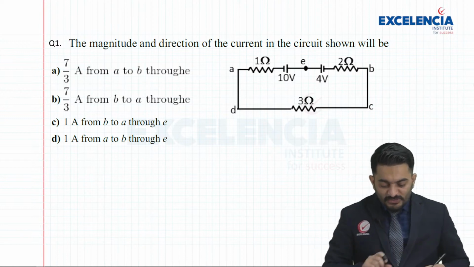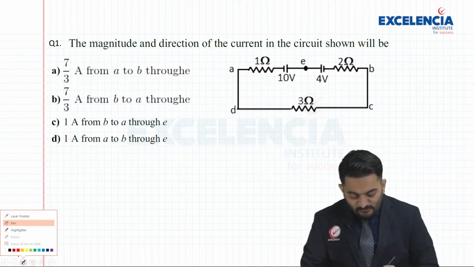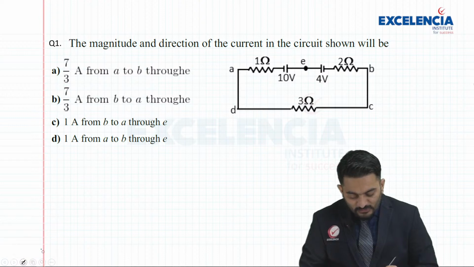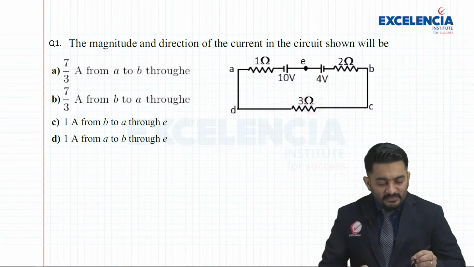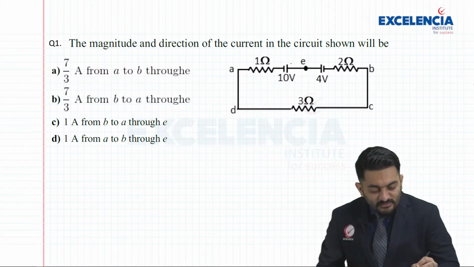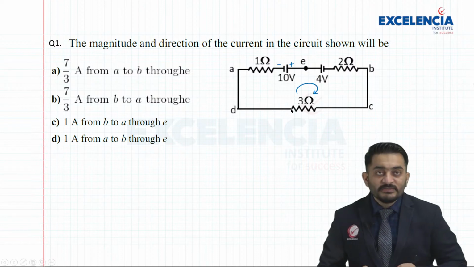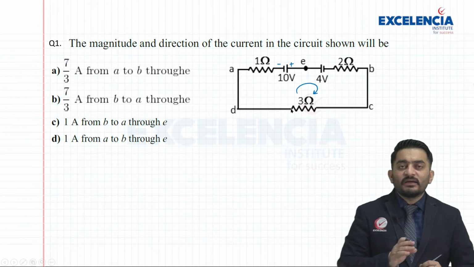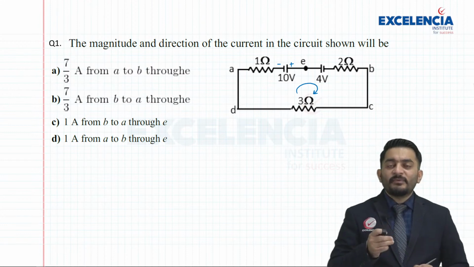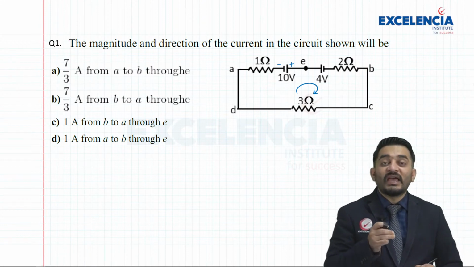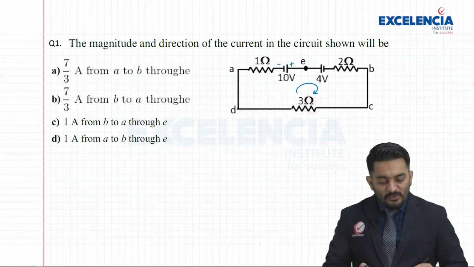When I see this question, definitely for magnitude I have to apply the Kirchhoff law. Before you apply it, you have already concluded that your current direction is going to be clockwise. The moment you decide the current direction, at that point you can write your sign convention, because sign convention is very important.